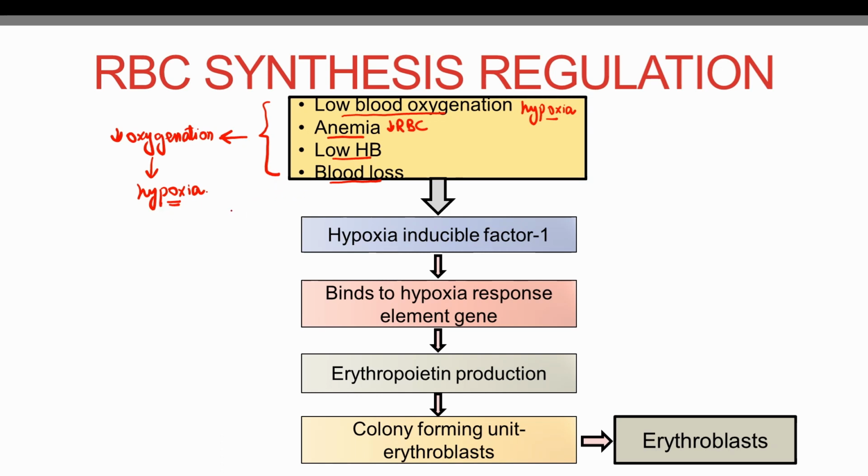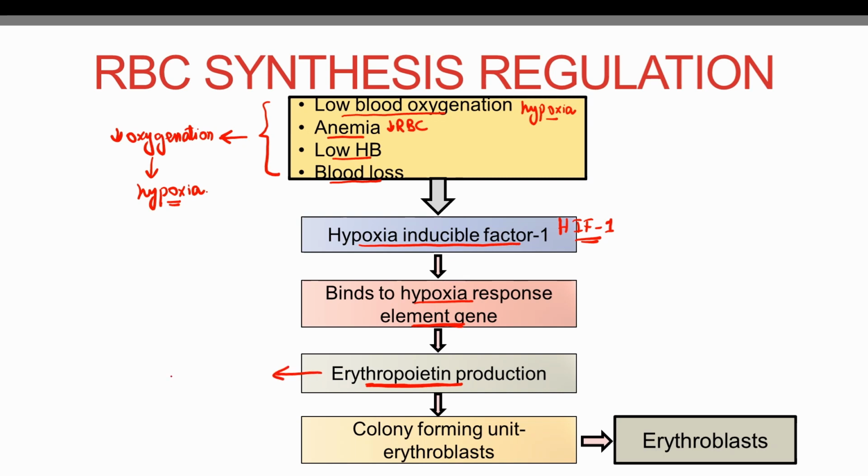So hypoxia of the renal tissues results in the production of a specific transcription factor known as hypoxia inducible factor 1 or HIF1. The hypoxia inducible factor binds to the hypoxia response element gene, which is present in proximity to the erythropoietin gene, and it upregulates the production of erythropoietin by the renal tissues.